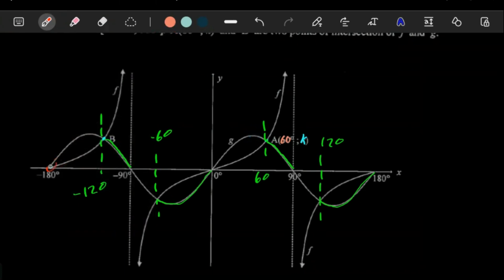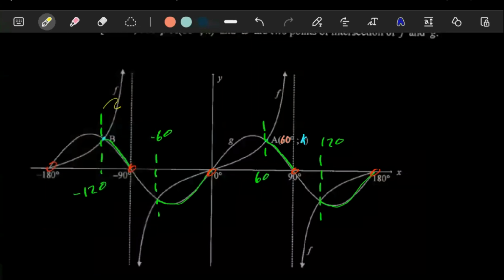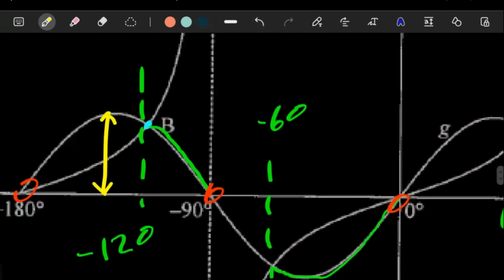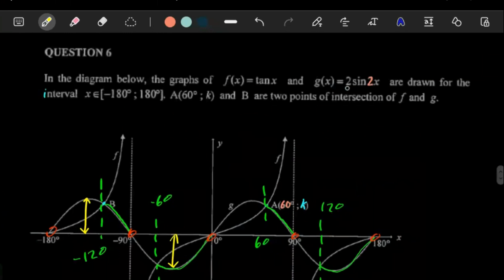So you have 1, 2, 3, 4, 5 roots so far. Now the only way your graph is going to have 2 real roots is if this part here or this part is your x-intercept, or this part and this part is your x-intercept. The only way that's going to happen is if you move your graph a total of 2 units upwards or a total of 2 units downwards, because the amplitude of g is 2, right?